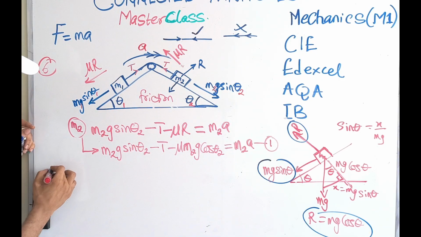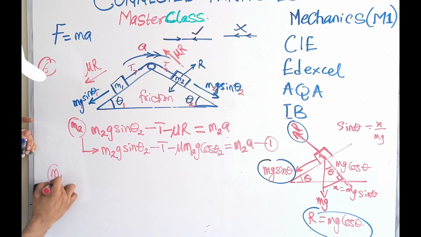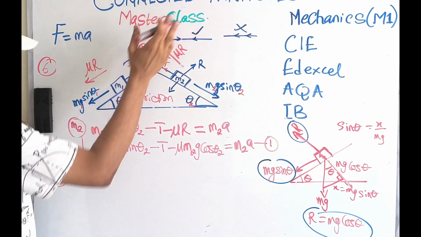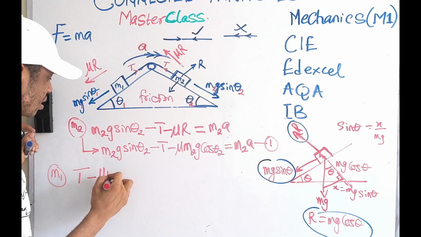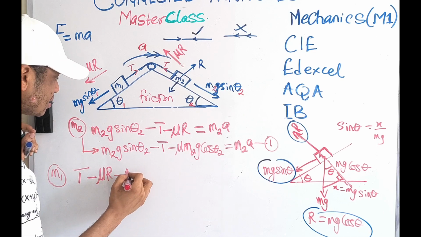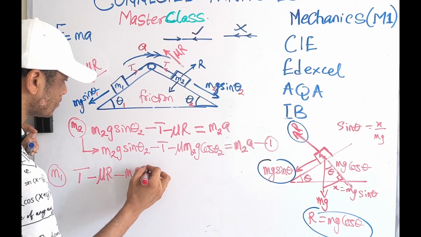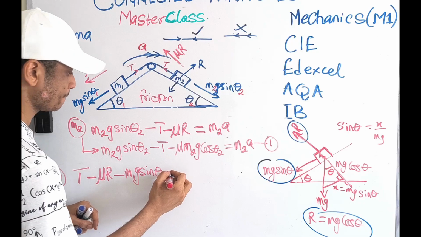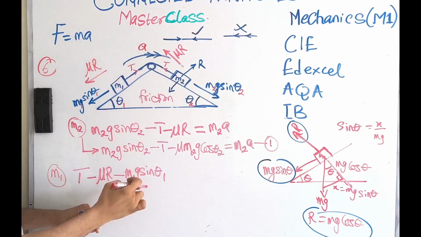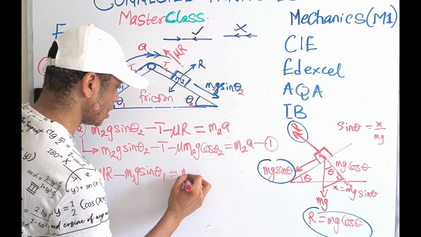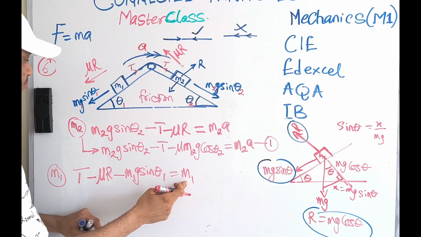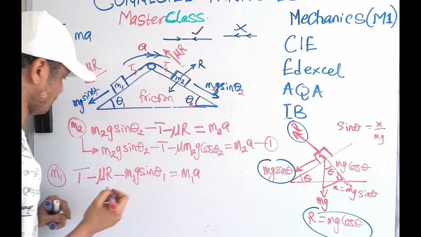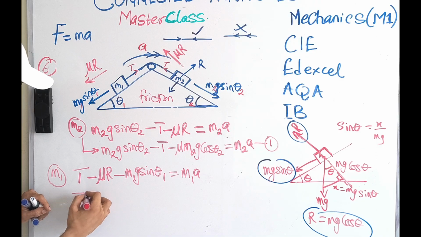Then for M1, this is going like this. So T minus mu R minus M1g sine theta 1, this minus this is equal to M1a. So we know what R is.